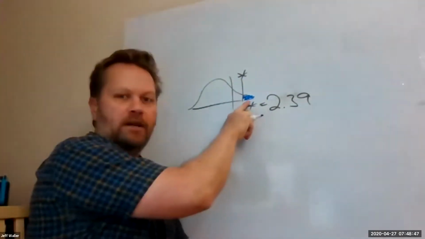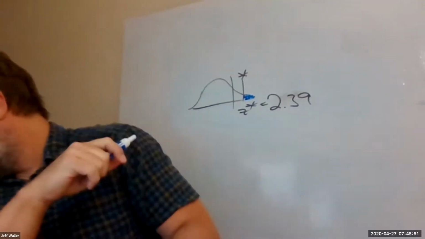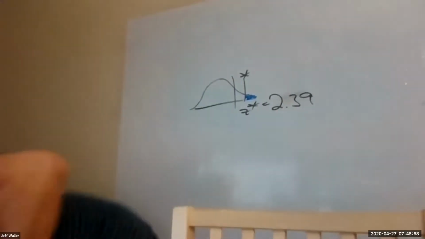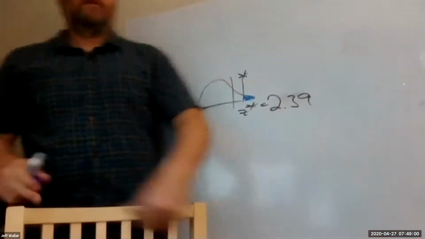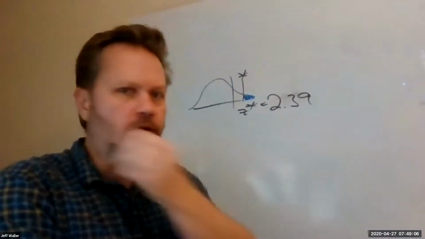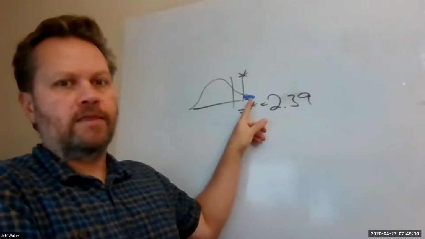Can you find that area for my Z star tail while I get my marker cap? Sorry. Can you guys do that? I mean, this is old news. Can you look up 2.39 and find the area there in that tail?